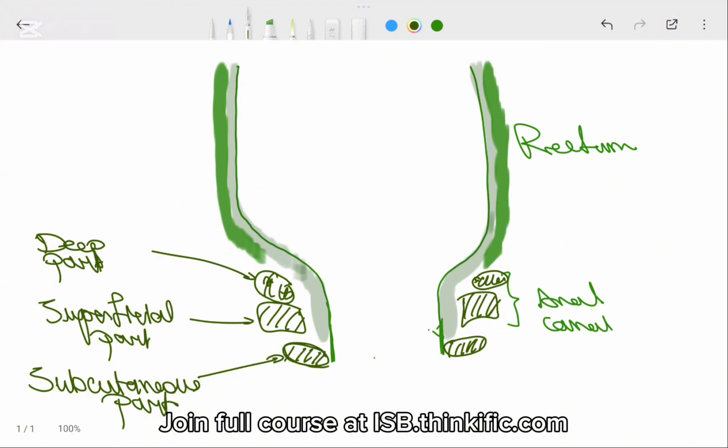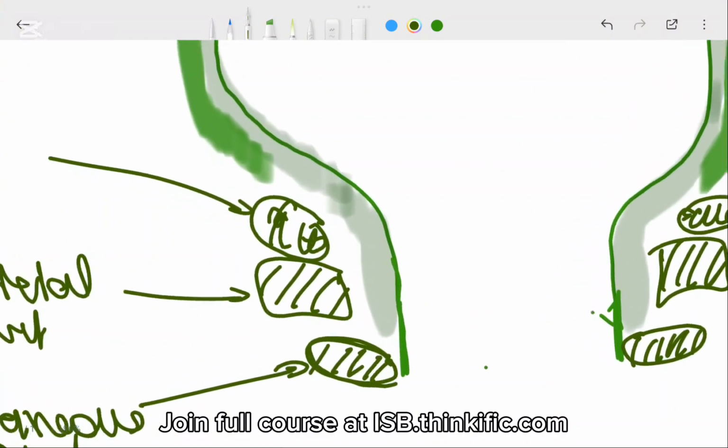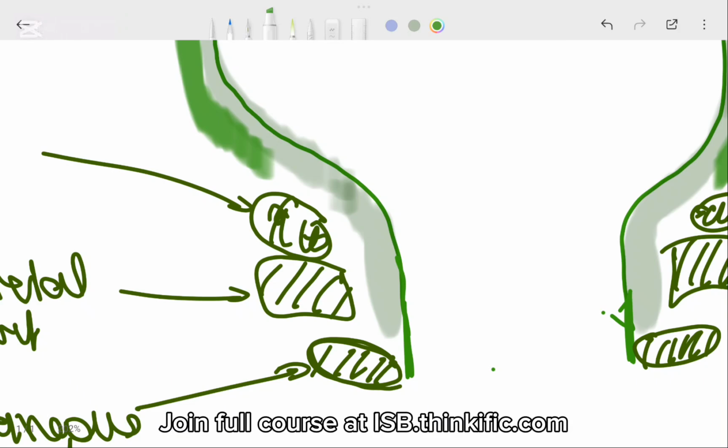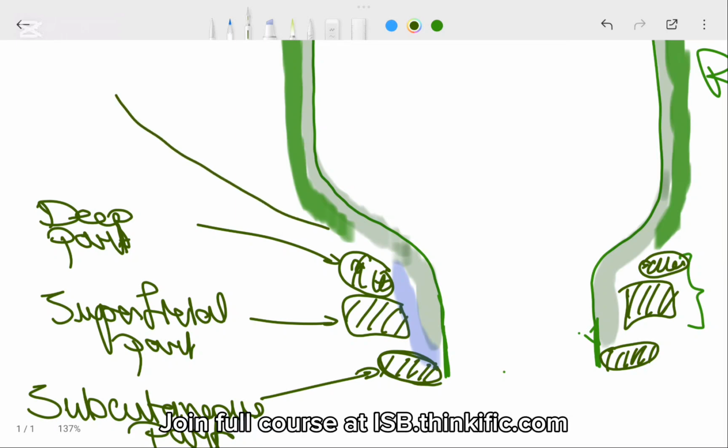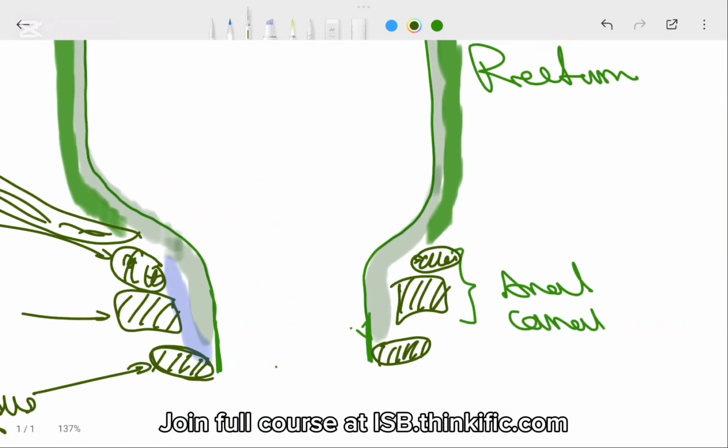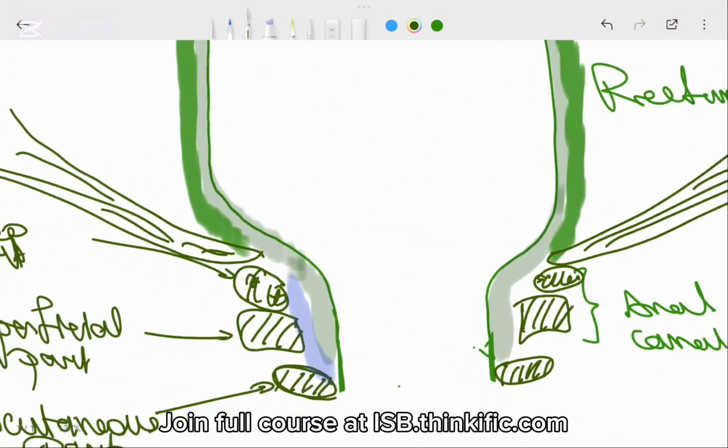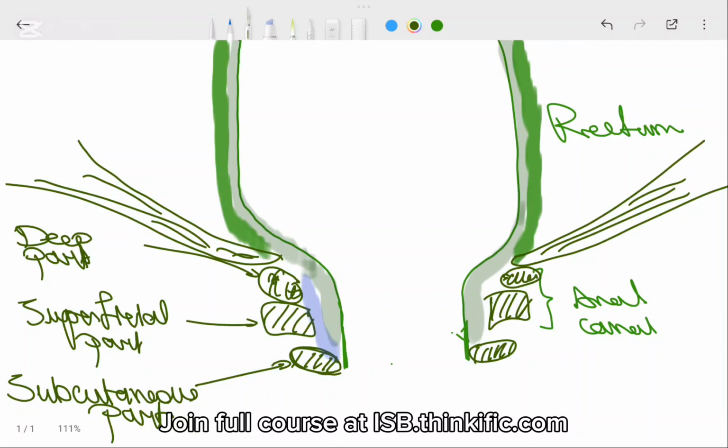But what I want you to know is that when we focus here, this area is the intersphincteric plane that I told you about, which contains the glands. And remember something else, that here is the levator ani muscle. Earlier I told you that rectum has an inner circular muscle coat and an outer longitudinal muscle coat.